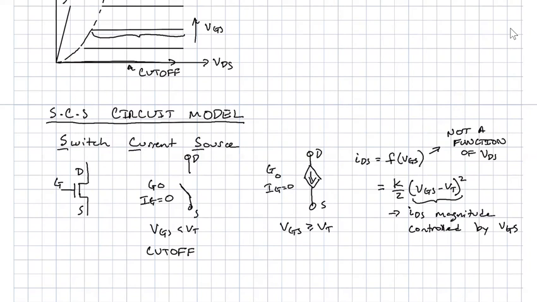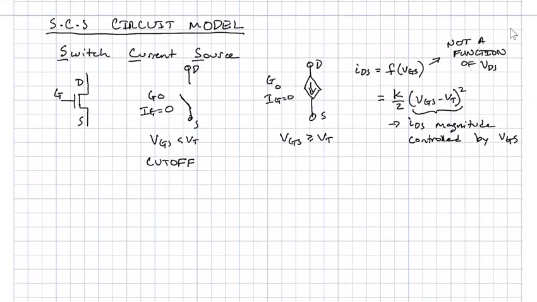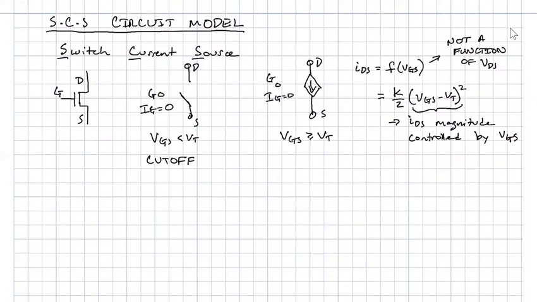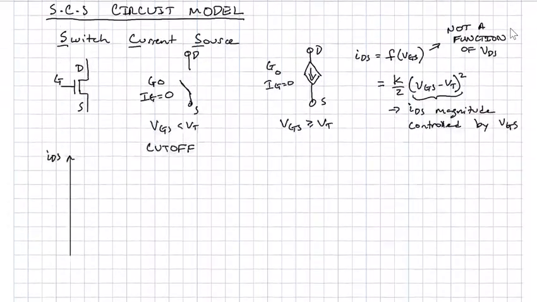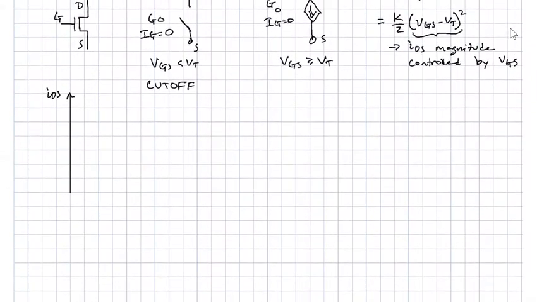Okay, so in this mode of operation, we could plot a different way of looking at current and voltage. We're interested in IDS. Instead of plotting IDS versus VDS, we could look at IDS versus VGS.